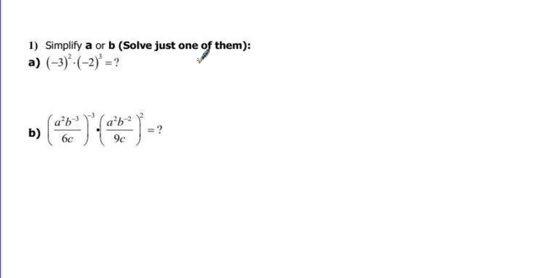It's written so just one of them because these are the exam questions. So simplify A or B. So I'm going to solve all of them, of course. Negative 3 squared means negative 3 times negative 3. And negative 2 cubed means negative 2 times negative 2 times negative 2.